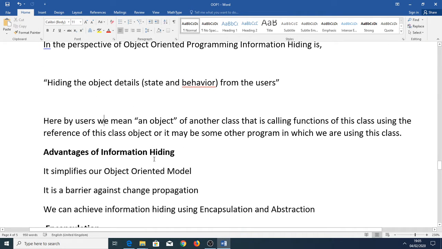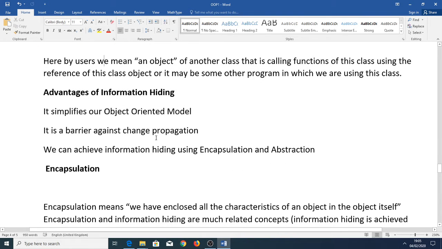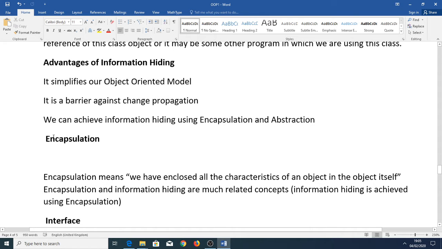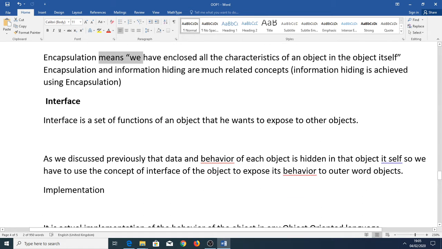Advantages of information hiding: it simplifies our object-oriented model. It is a barrier against change propagation. We can achieve information hiding using encapsulation and abstraction. What is encapsulation? Encapsulation means we have enclosed all the characteristics of an object in the object itself.